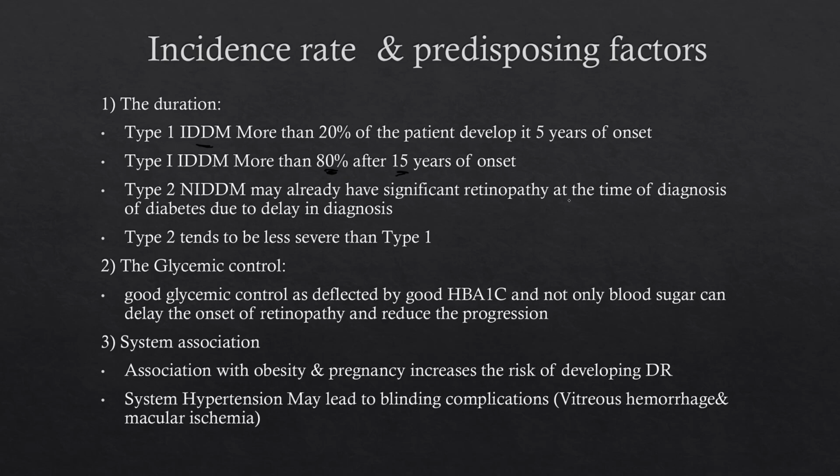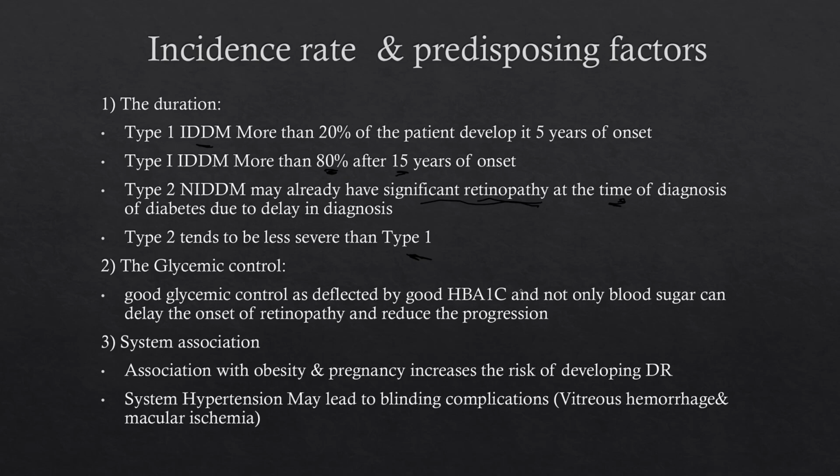With type 2, you don't know the exact onset, unlike type 1, so there is probably significant retinopathy at the time of diagnosis, because the blood sugar was not previously controlled. However, type 2 tends to be less severe than type 1. So type 1 is worse than type 2.